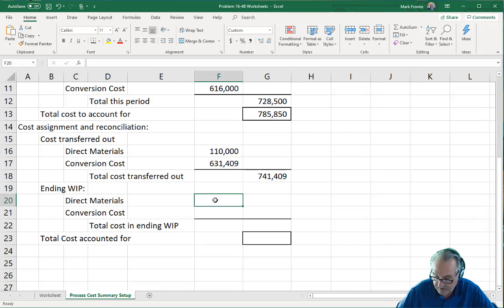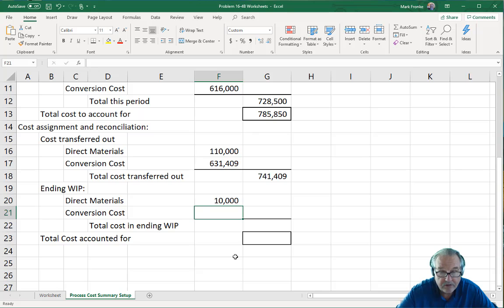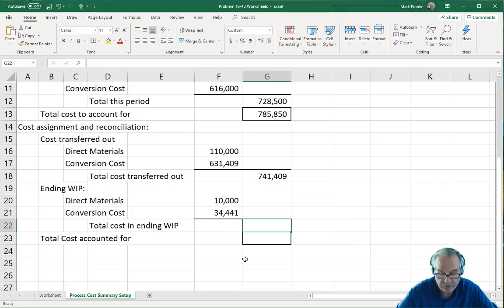And then for the direct materials that were left in ending work in process, that's going to be the $10,000 in materials and the 31,441 in conversion cost.